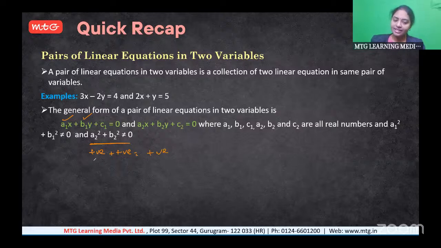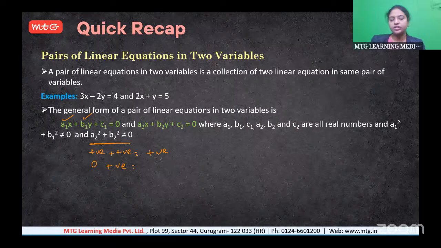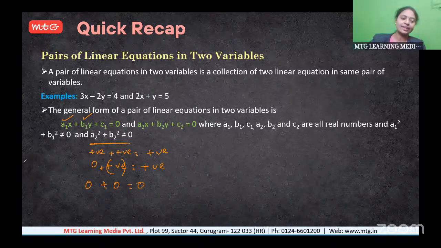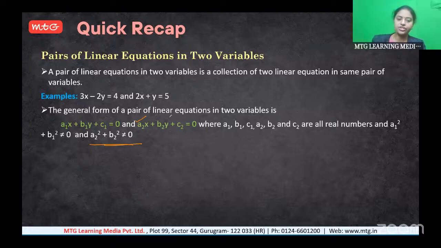But if one is 0, the other is a positive value, which again leads to a positive sum. Only if both are zeros do you get the sum 0. So the simple meaning of this expression is that the x coefficient and y coefficient together should never be 0. If both become 0, the sum of squares also becomes 0. This shouldn't happen; that is the condition.